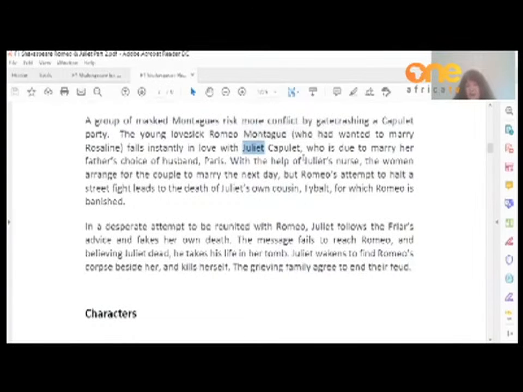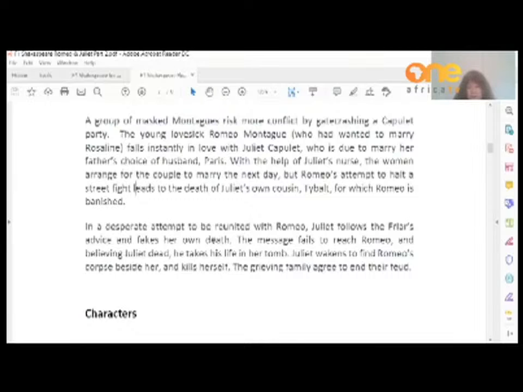And she's supposed to marry a husband that her father chose for her, and his name is Paris. However, with the help of Juliet's nurse, the women arrange for the couple to be married, and then Romeo's attempt to halt a street fight leads to the death of Juliet's cousin. And then Romeo gets blamed for that, and he's banished, supposed to be put into exile.